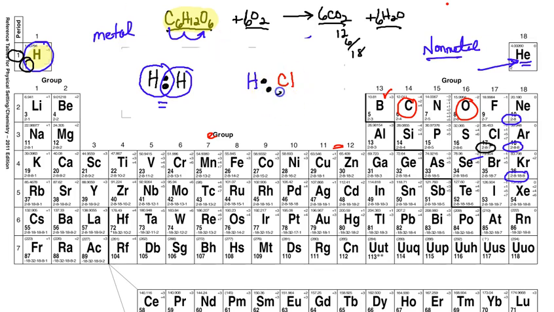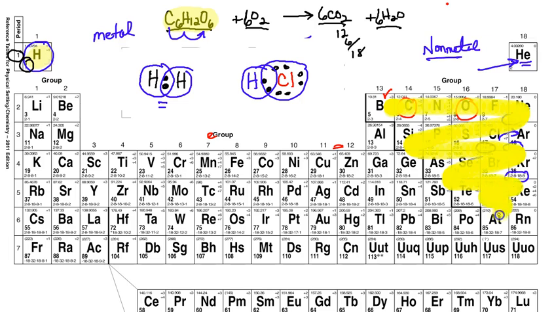So 1, 2, 3, 4, 5, 6, and 7. And look at this. Chlorine by sharing feels like it has 8, which means it feels as stable as argon, and hydrogen by sharing feels like it has 2. So these guys, when they bond to themselves, the nonmetals, the smaller atoms, they tend to share to get stable.